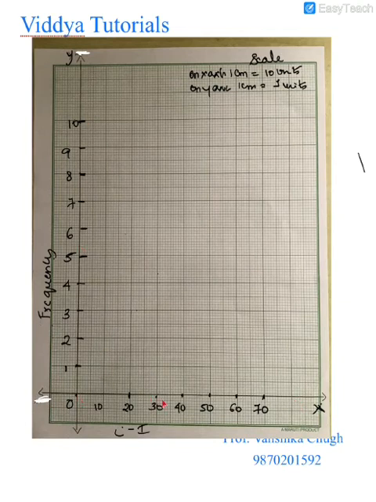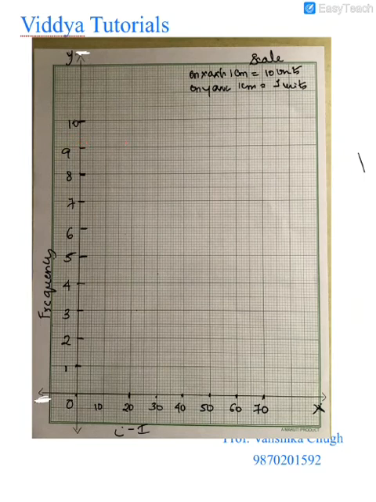For the class intervals on the x-axis, the gaps depend upon the class size. Here I have started with 0. My first number is going to be my first lower limit 10, then 20, 30, 40, 50, 60, 70. On the y-axis, we choose a scale accordingly. Now here my data showed me 3, 5, 6, 4 and 2. The highest is 6.